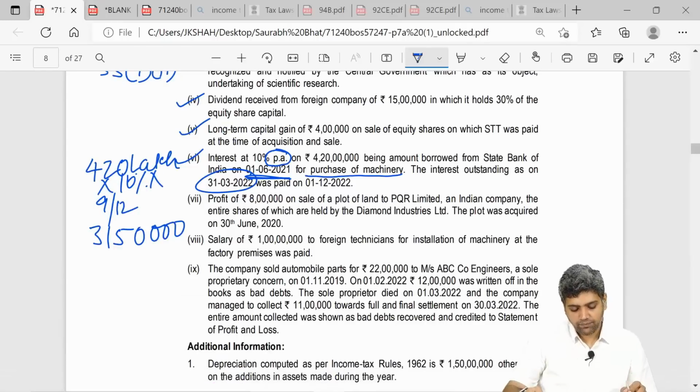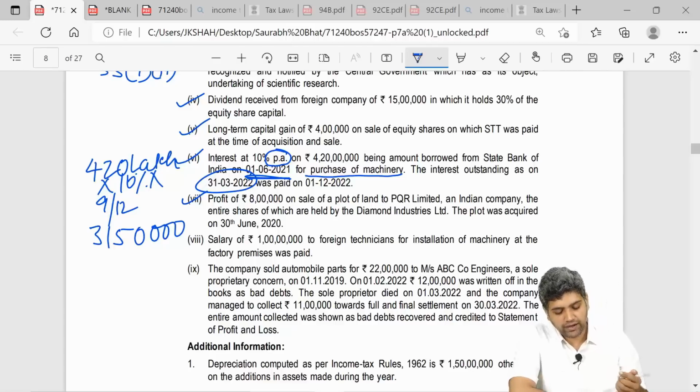Then they say next one, profit of 8 lakhs on sale of plot of land to PQR Limited, an Indian company, the entire shares of which are held by Diamond Industries Limited. The plot was acquired on 30th June 2020. Now friends, from our knowledge of capital gains chapter, we know that any transaction between a holding company and its 100% subsidiary is not regarded as transfer.